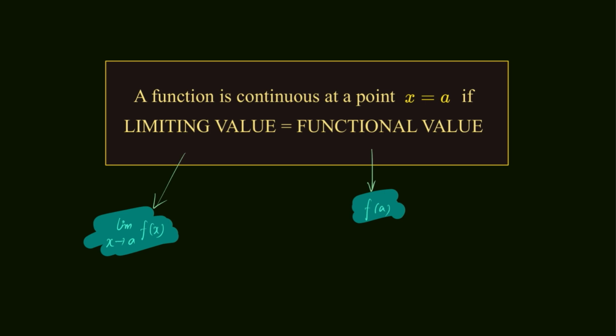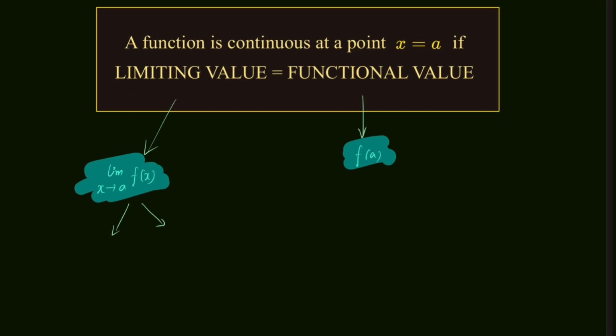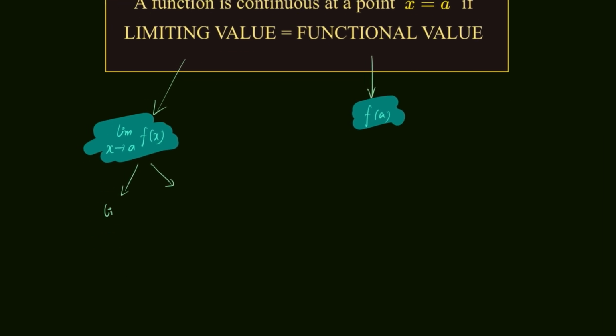Limit exists only if the left hand limit and the right hand limit are equal. So if I break this limit into its left hand limit and right hand limit, it can be written as limit x extends to a minus f of x, which is our left hand limit, and our right hand limit we write as limit x extends to a plus f of x.